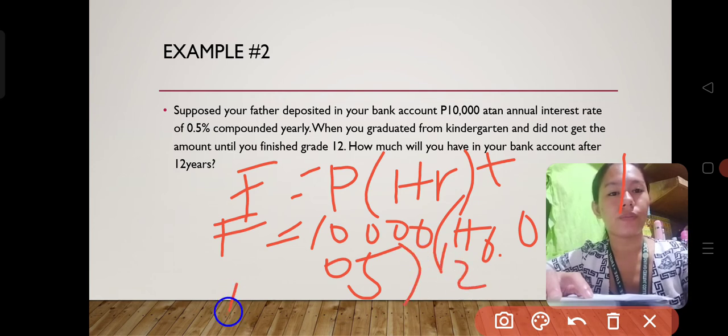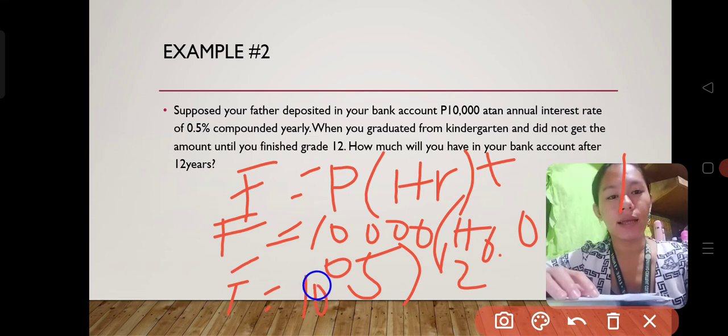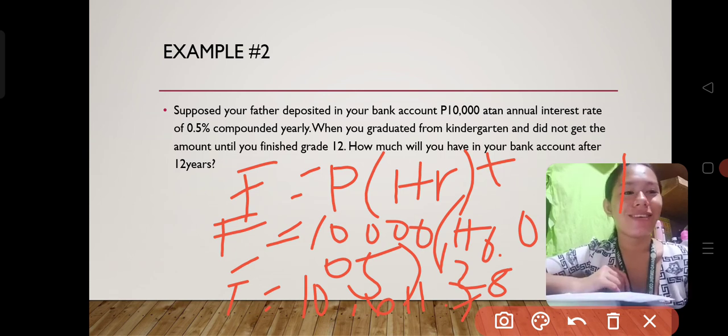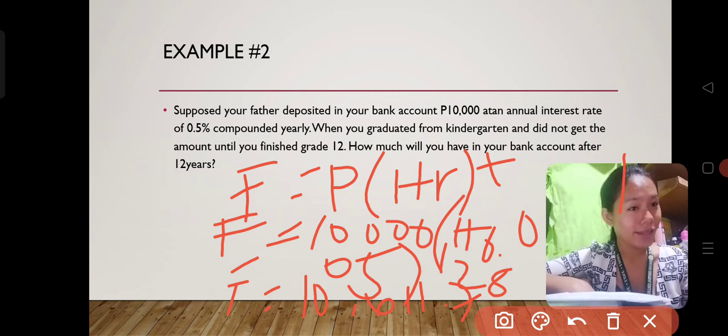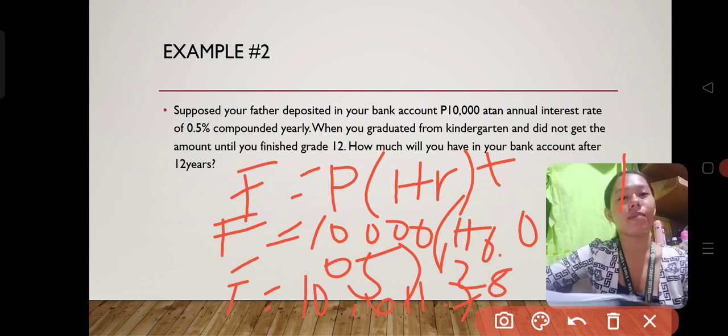So, our F, or the maturity value, is 10,611.78. So, imagine, yung nadagdag lang sa 10,000 mo is 600 plus lang, 611 and 78 centavos, sa 12 years yan na. Pero at least tumutubo siya, di ba? Kasi 0.5% lang naman yung interest.